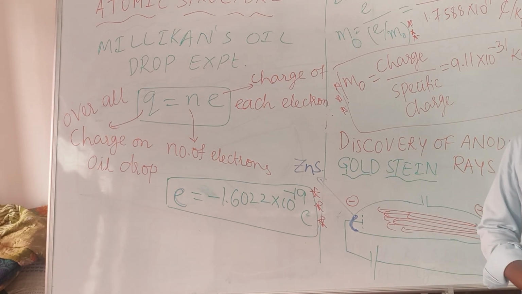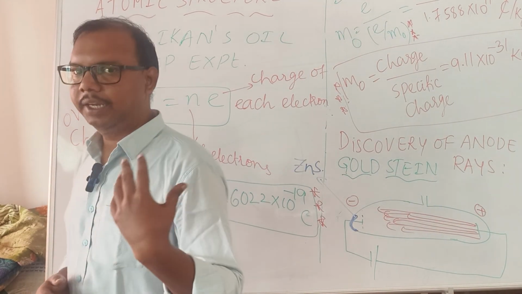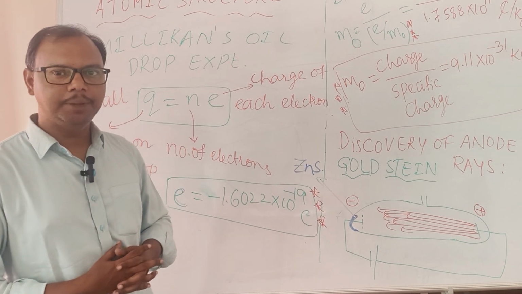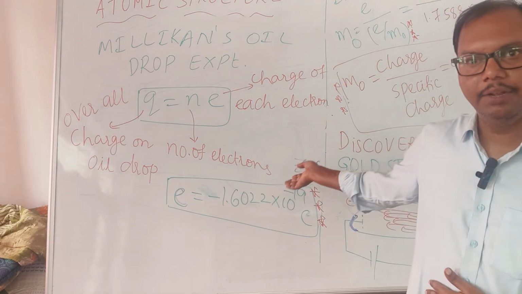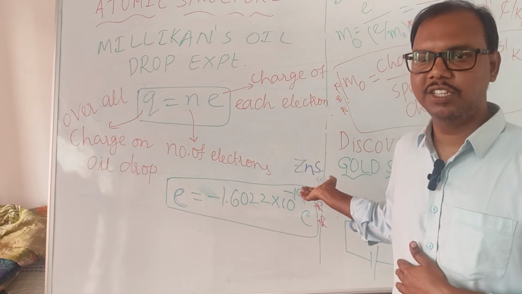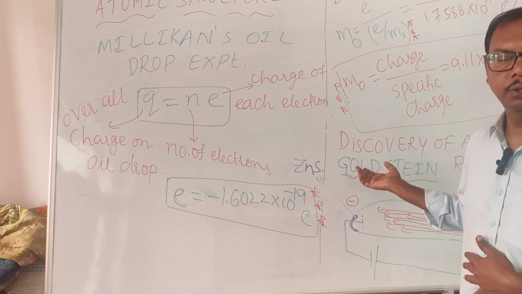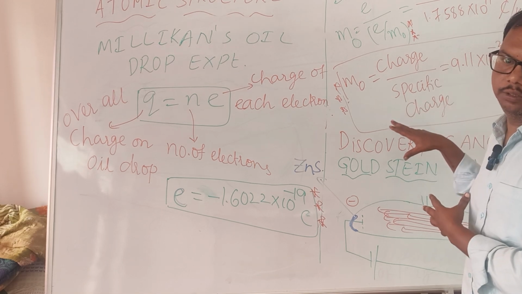These are also influenced by electric and magnetic fields. In the absence of electric and magnetic fields, they travel in straight lines. In the presence of the fields, they are deflected towards the negative terminal of the electric field because these are positively charged, and towards the north pole of the magnetic field. That is the characteristic of these rays.